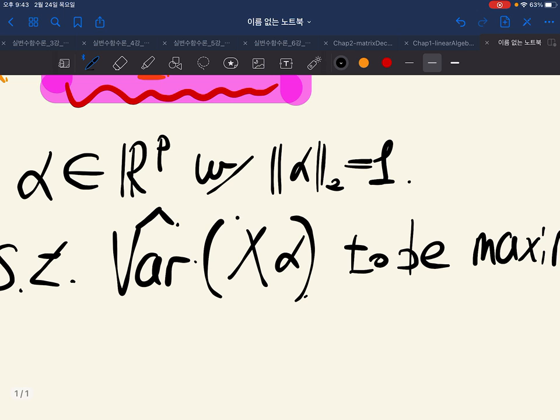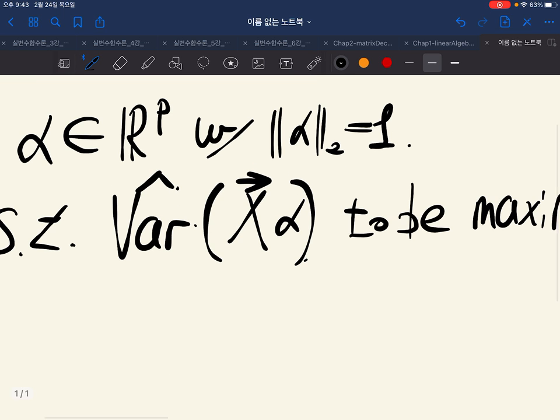So again, in this case, the x refers to the vector of length p.